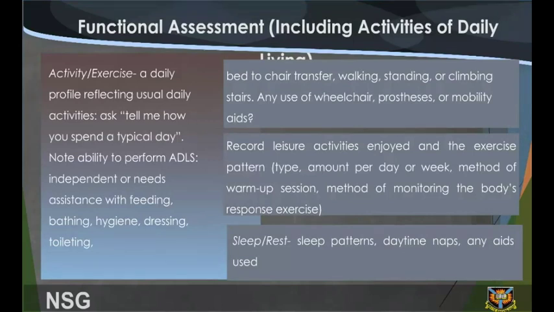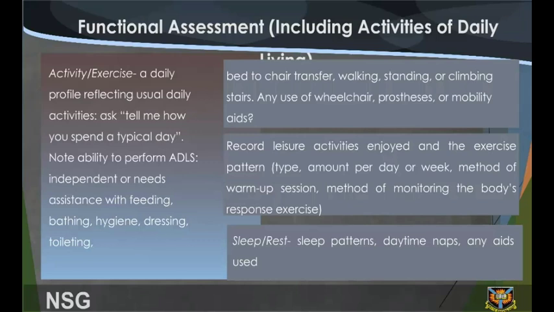Activity and exercise: a daily profile reflecting usual daily activities. Ask, tell me how you spend a typical day, not ability to perform ADLs. Independence or need for assistance with feeding, bathing, hygiene, dressing, toileting, bed to chair transfer, walking, standing, or climbing stairs.